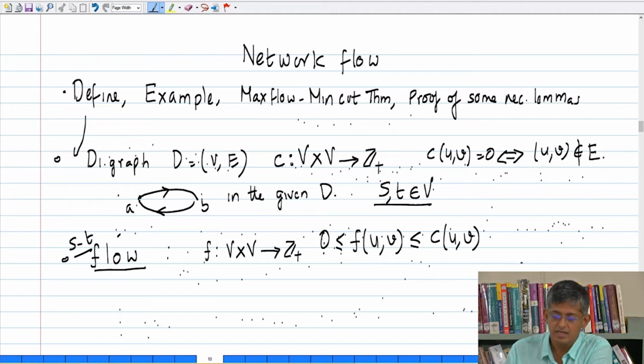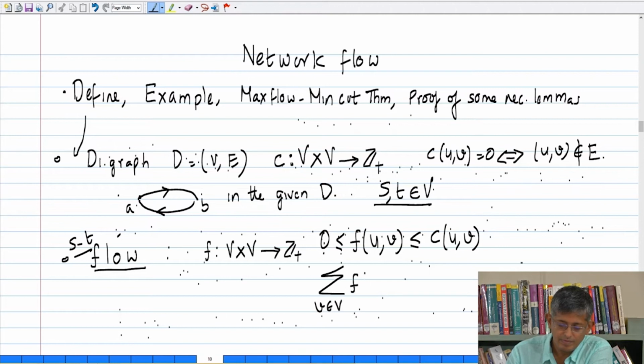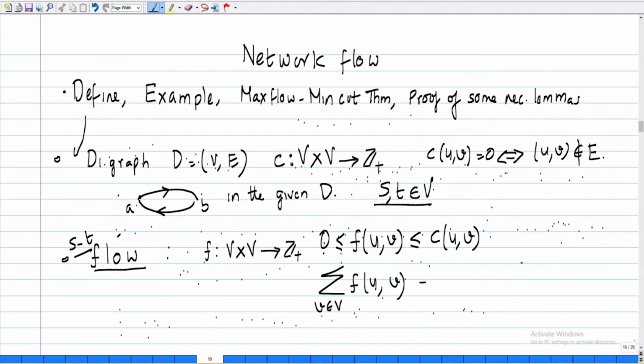The second condition is what is called a conservation condition. It's like your Kirchhoff's current law. For every u belonging to V minus {S, T}, except at the source and the terminus, this must hold.